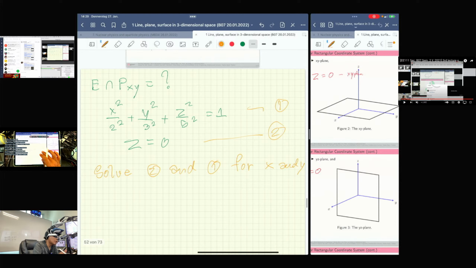So the remaining thing will be only x squared over 2 squared plus y squared over 3 squared equal to 1. You may get the expression in mathematics, but what is the shape of this one?